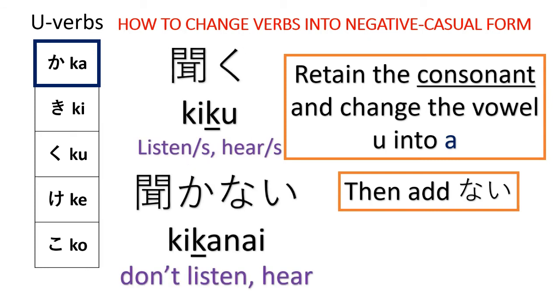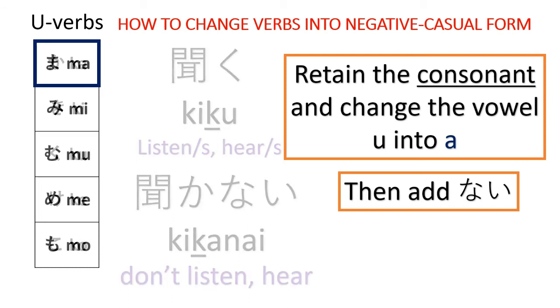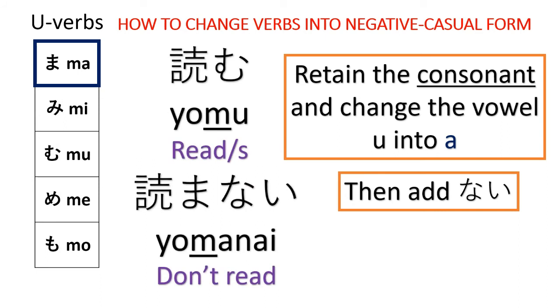Kiku, retain the K and then change the vowel U into A. Kiku, kikanai. Yomu, retain the consonant M and change U into A. Yomu, yomanai. Don't read, yomanai.